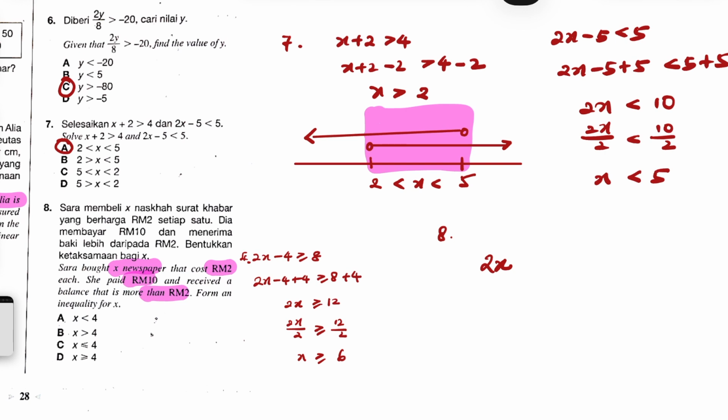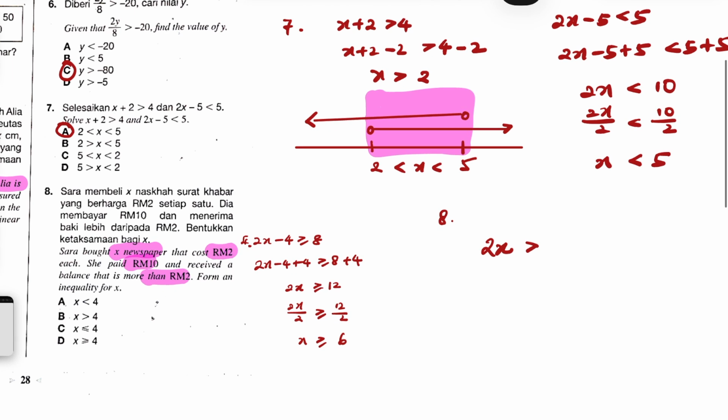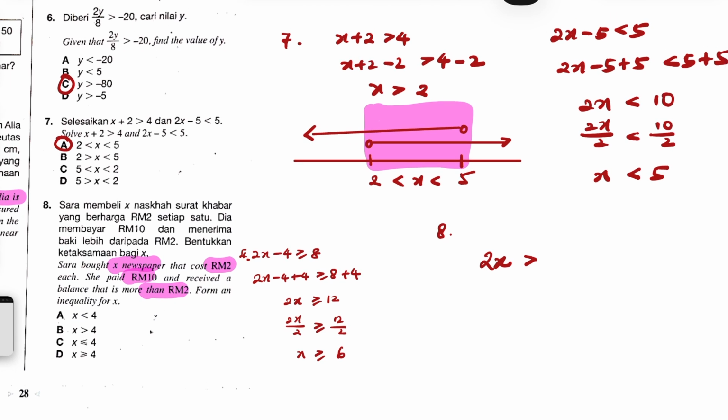So meaning that it is greater than 8. Because they mention they pay RM10 and receive a balance of more than 2, roughly 8. But it is more than 8, so not equal, right?